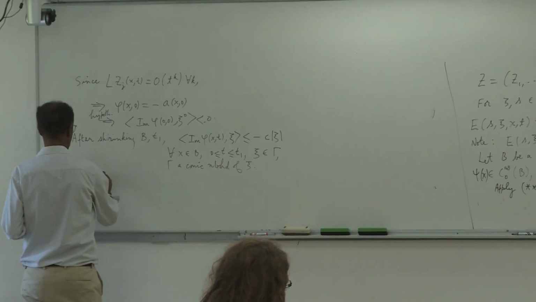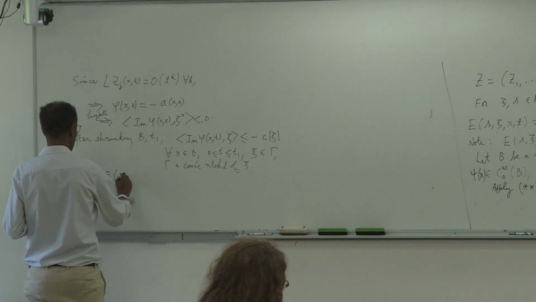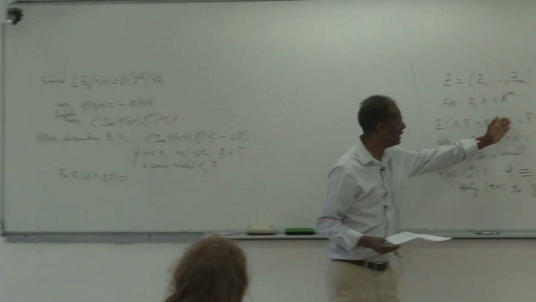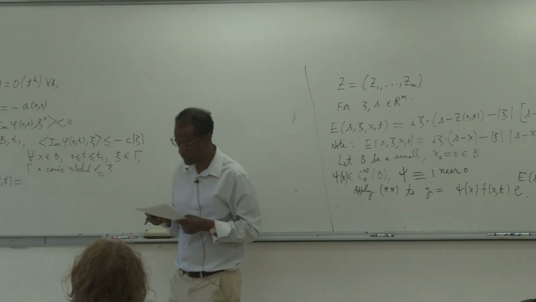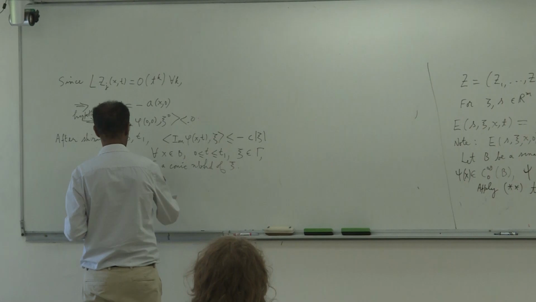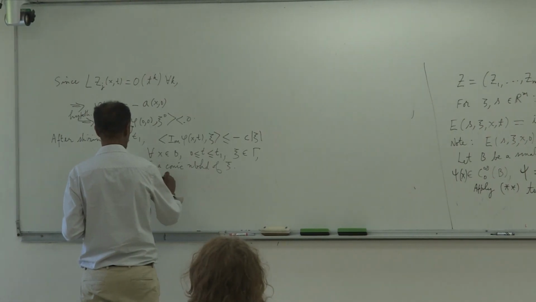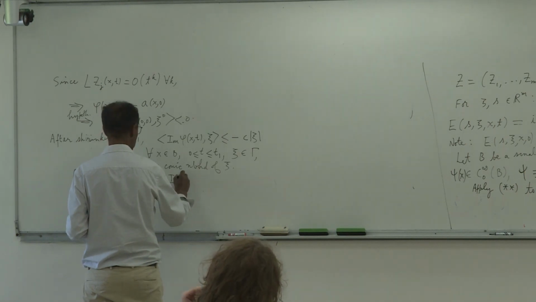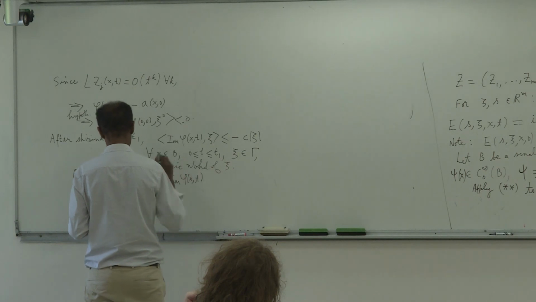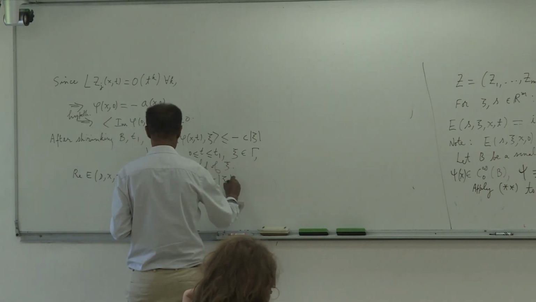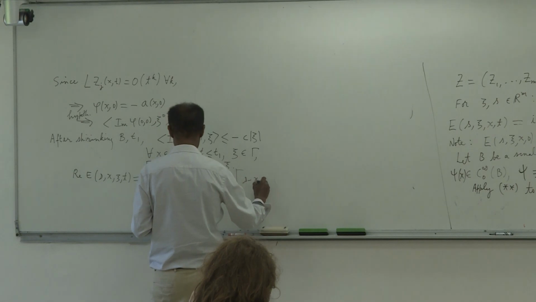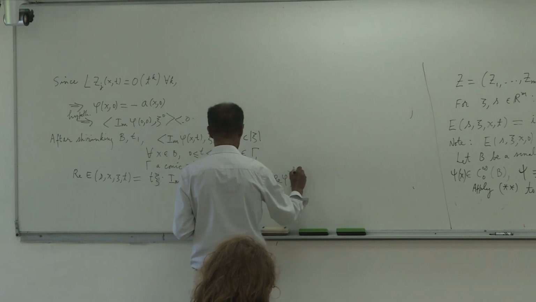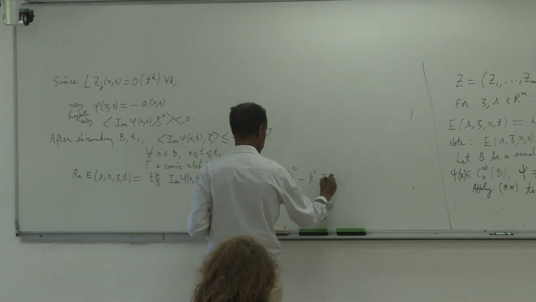So let me figure out what that is. The real part of E at any time: well, you have the formula for E, so compute the real part of E. It becomes t times C dot the imaginary part of phi, minus norm of C times (s minus x minus t the real part of phi) squared minus t squared times the imaginary part of phi squared.